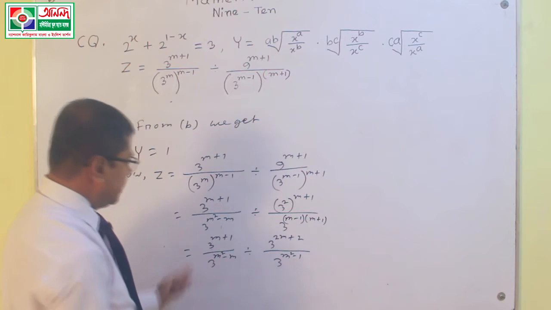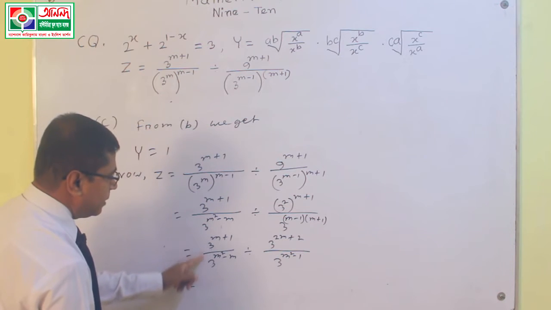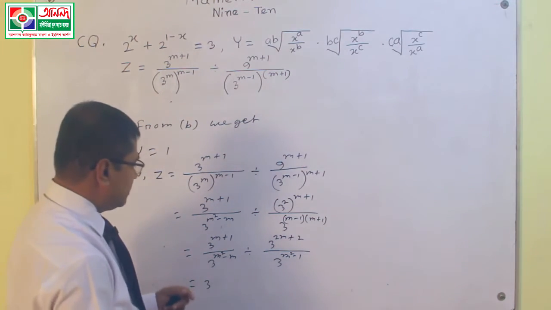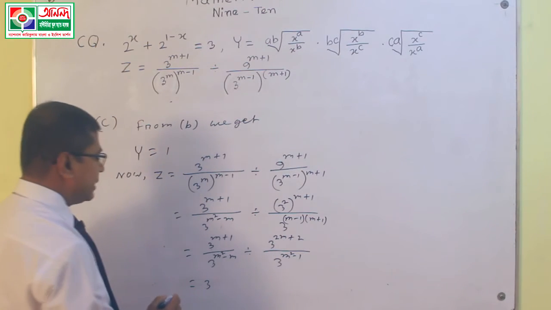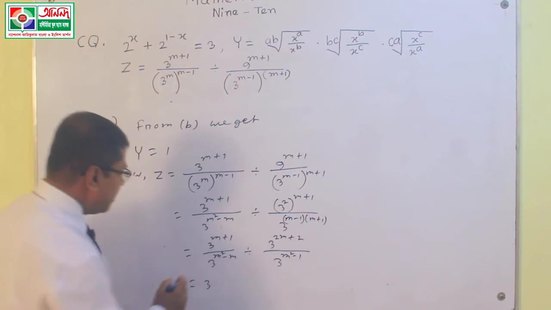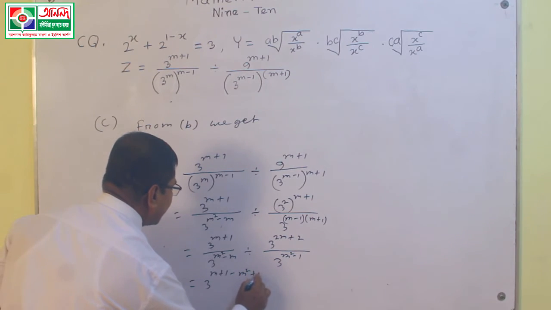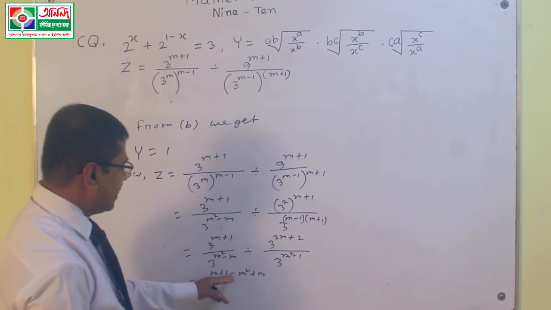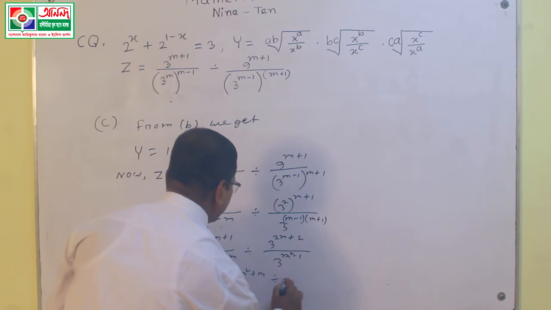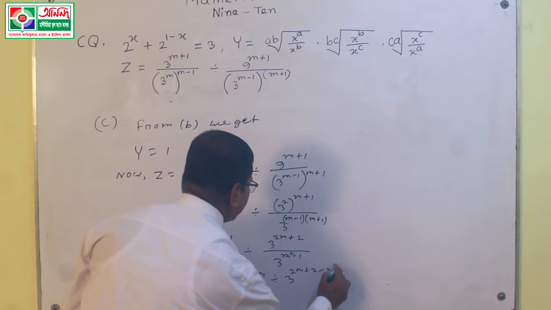Now we will make a one base. Look at here, there are two bases, so you can write only one base, and the term is related in division, so we can subtract it from the first term power. From the first term power m plus 1 minus m square plus m, because if we multiply by the minus then the sign will be changed, divided by 3 to the power 2m plus 2 minus m square plus 1.